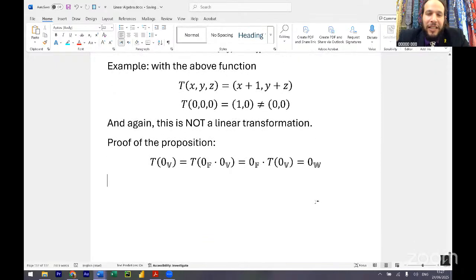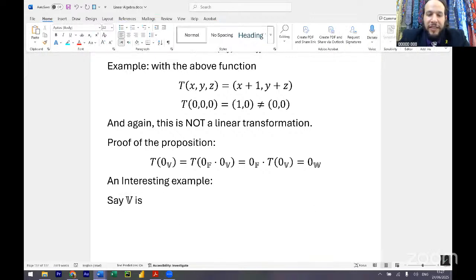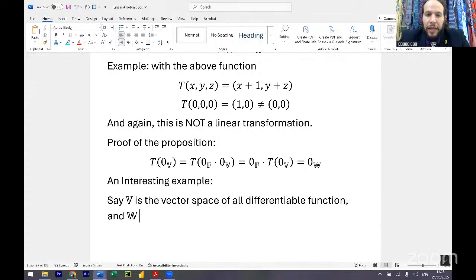Now, an interesting example. Say V is the vector space of all differentiable functions, all functions that have a derivative, and W is the vector space of all functions.